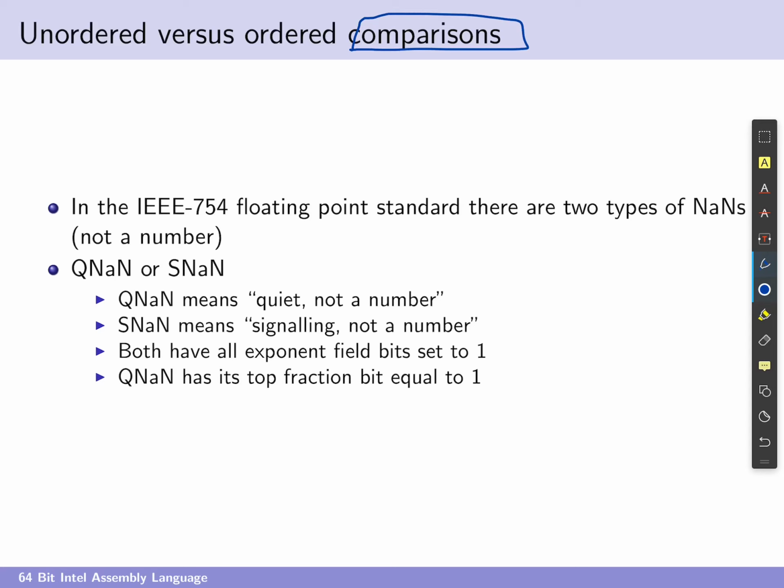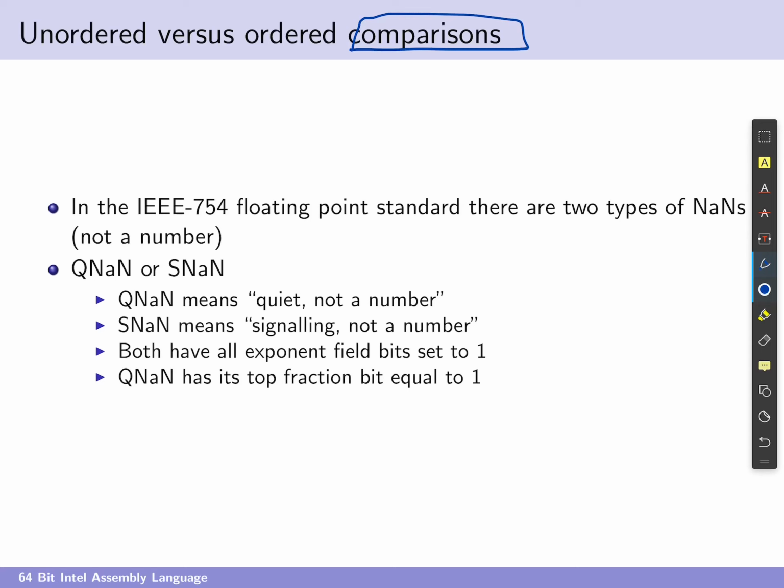Remember, the comparison operations we discussed before were in essence performing a subtraction but didn't store the result. Now we want to do something similar here, so we want to perform a kind of subtraction and use the result to set flags. But firstly, subtractions with floating point numbers don't set flags, so we need a more specific instruction to use. And also, the type of comparison operation is likely going to be different because it needs to discern whether it's performing a subtraction type operation using integers or floats.